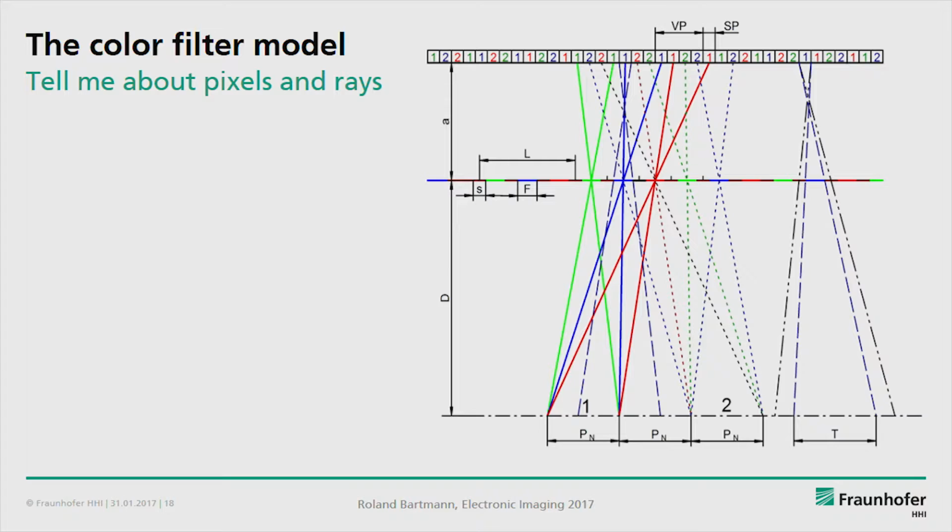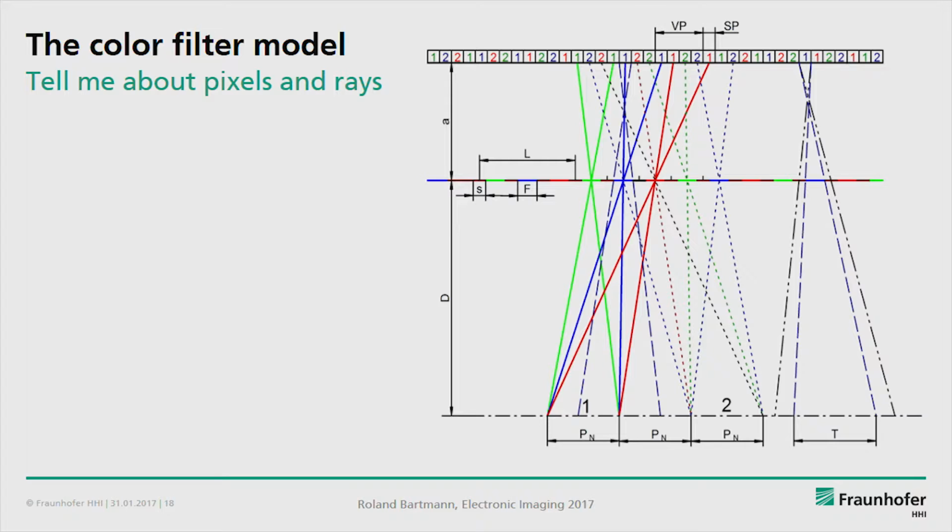And we have here a two-view system coded by numbers 1 and 2, and the different colors for the subpixels. And here are the outgoing rays, and they only transmit through the filter cells with the same color.